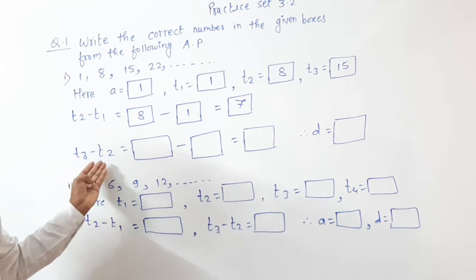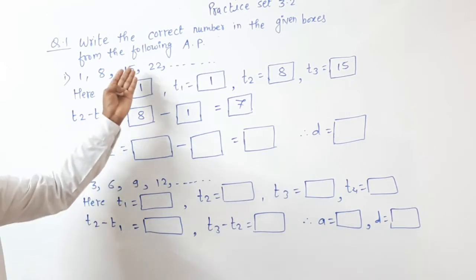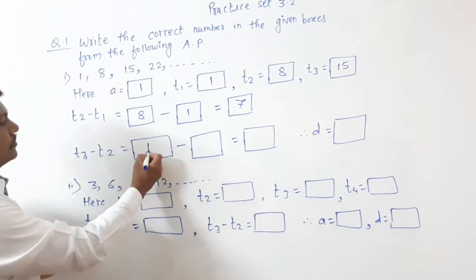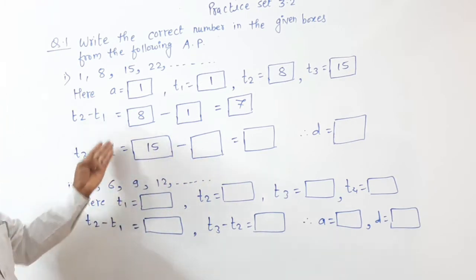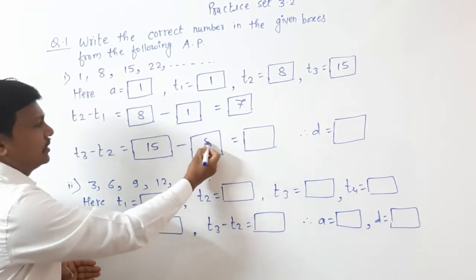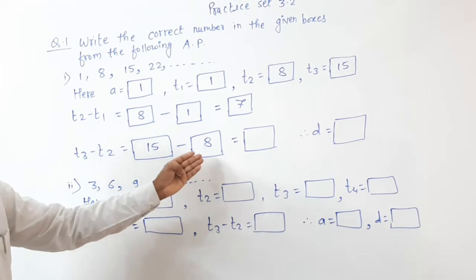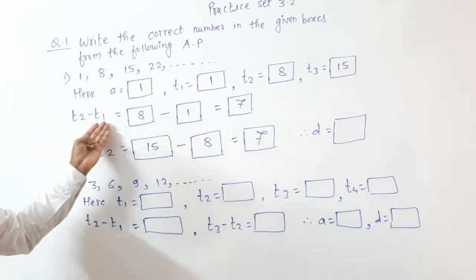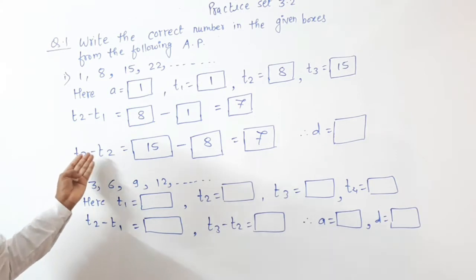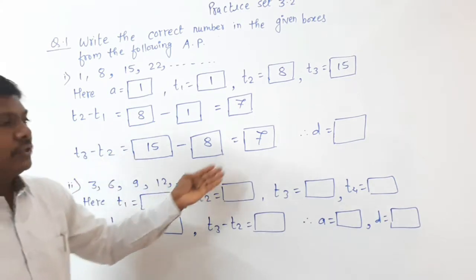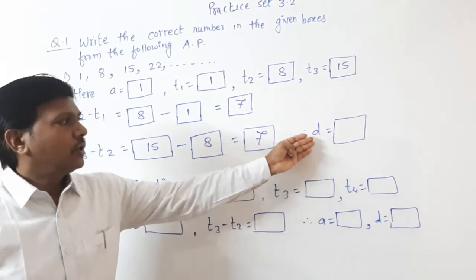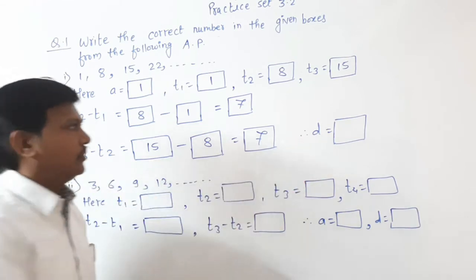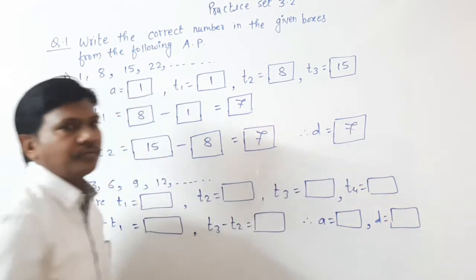Then T3 minus T2. In the third term, that is 15 minus T2. T2 is 8 and this is 15 minus 8, that is 7. And T2 minus T1, T3 minus T2, that is the common difference D. So here the value of D is 7.